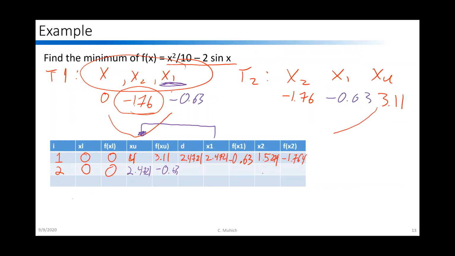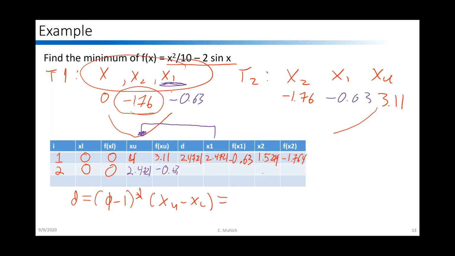We can once again use the equation that D is equal to phi minus 1 times X upper minus X lower. I can go into my table.